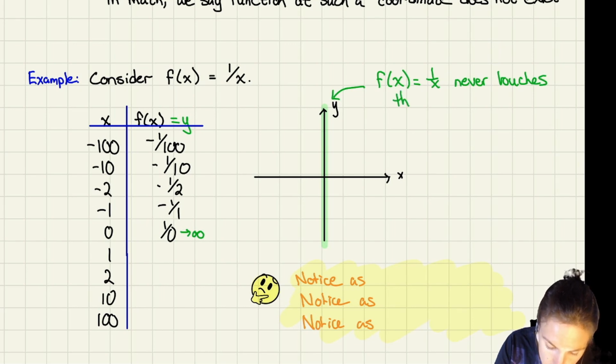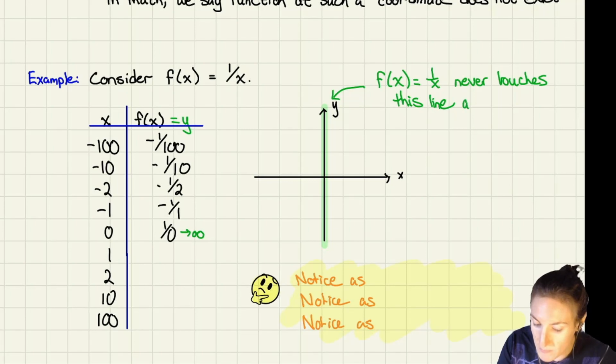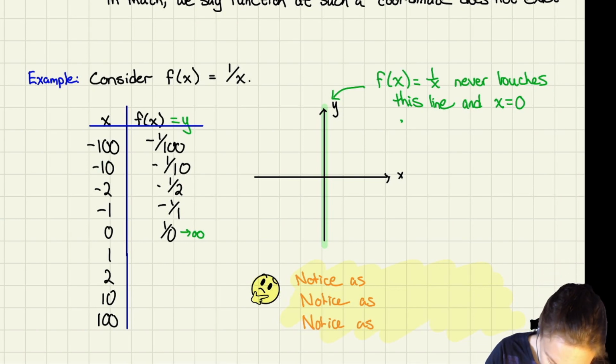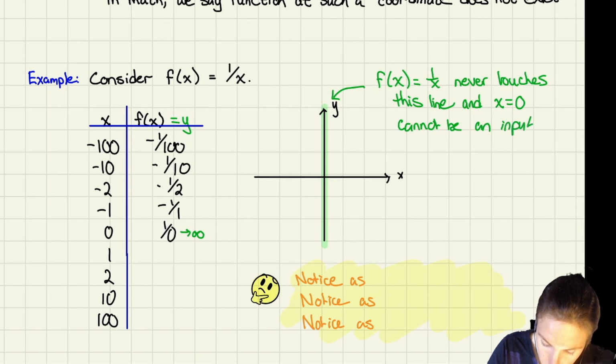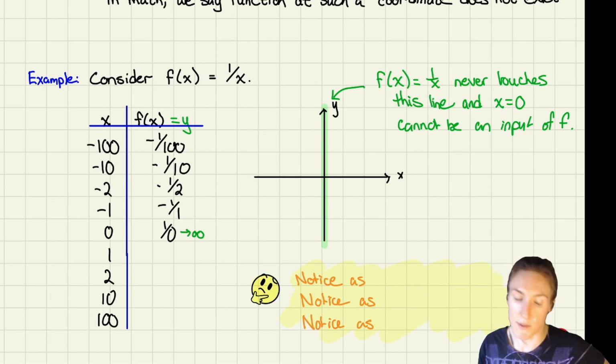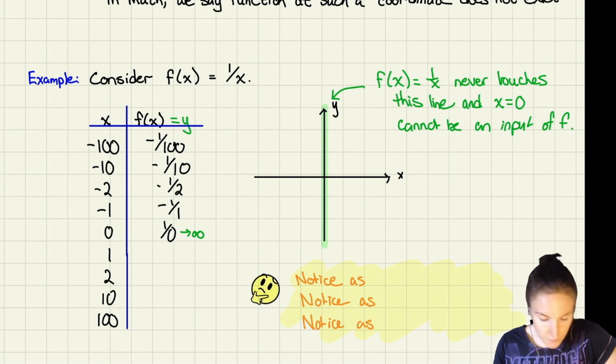And what does that mean? It means that x equals 0 cannot be an input of f. More precisely, we're going to have to exclude it from our domain, but we'll talk about that more later on.